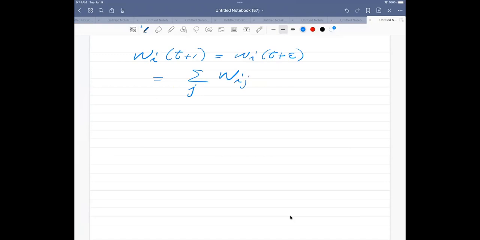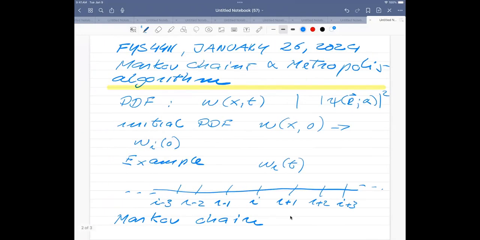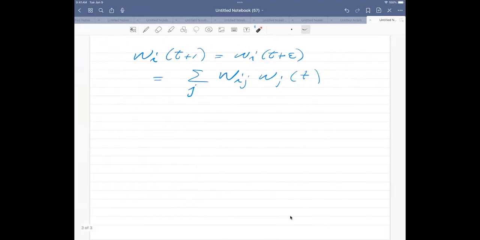And this is given by a transition probability multiplied with being in a state j at the time t. So if you go back to that simple picture which we have here, it means that we may be in a state j here, and we are asking what is the probability of jumping into a state i in the next time step. So the quantity which you see here is normally called a transition probability, or transition likelihood.